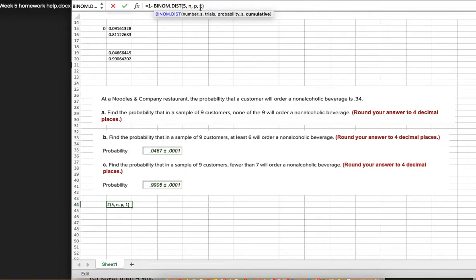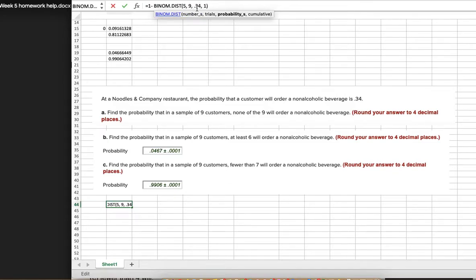So it's going to sum up all of those, the probability of 0 non-alcoholic beverages, probability that 1 was ordered, 2, 3, 4, and 5. And then we're going to subtract that from the total probability, which is 1, and get the complement, so at least 6. So here there are 9 people being sampled, and then our probability is 0.34.